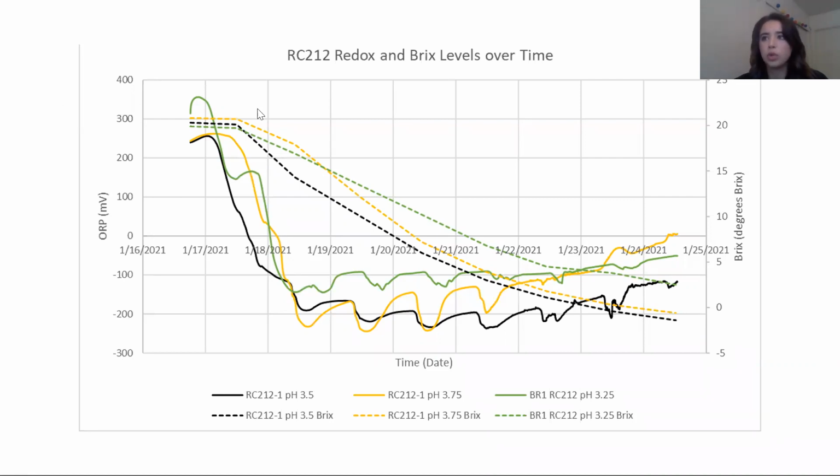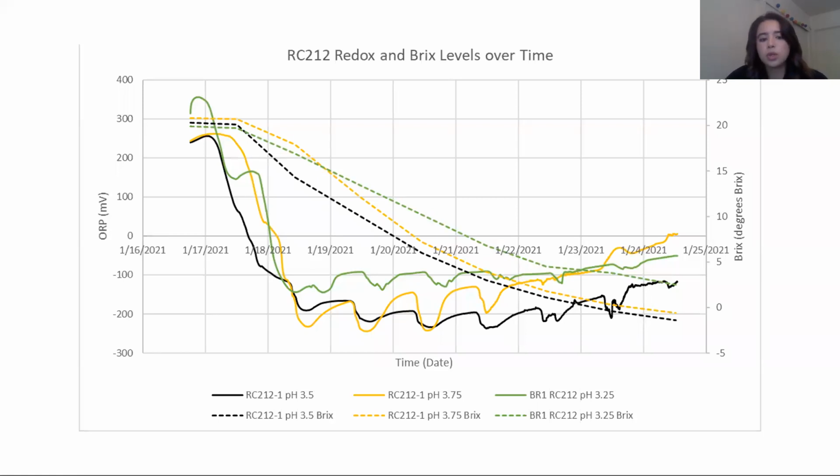Interestingly, the fermentation at 3.75 drops late as well, as we see here. But once it starts dropping, it has this continuous downward movement, whereas that's not the case in the 3.25. This could just be a difference in the strain, but it would be important to replicate this trial to explore this difference. It might be that this strain really only operates at an optimal level of 3.5, a very small window, but again, more replicates would be important to see if this was common.